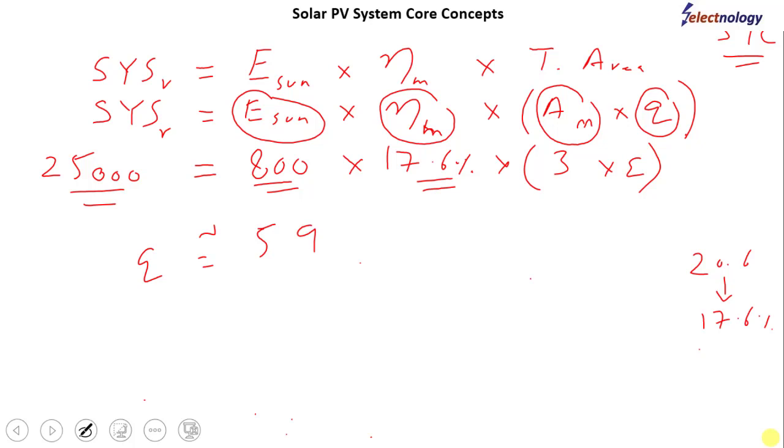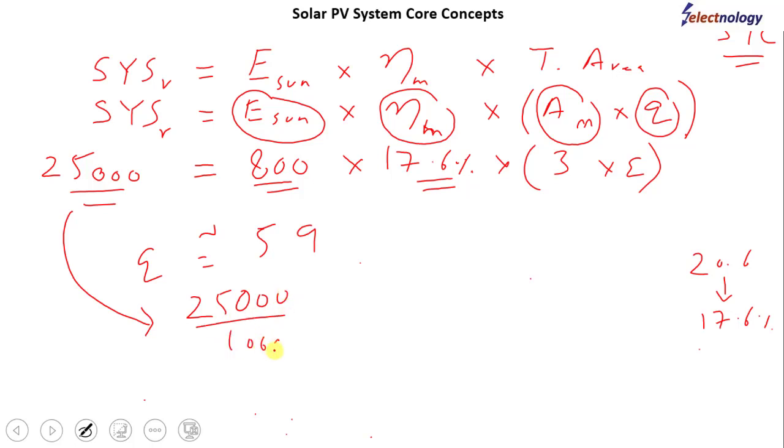Now, if you recall our previous discussions on how many energy units a rated system power shall produce, let's do it again. Taking this 25,000 watt rated system, we convert it into kilowatts by dividing by 1000.